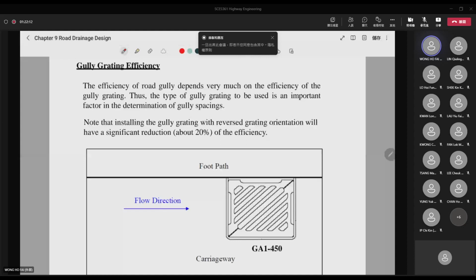If you turn it 90 degrees, then the effectiveness will reduce by say 20%. So you should follow what has been stated in the guidance notes in order to get the so-called stated efficiency. Otherwise, it will be reduced by around 20%.